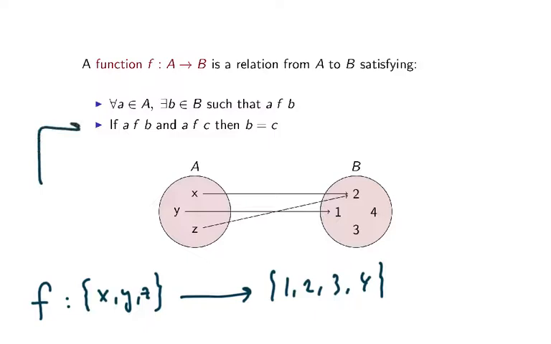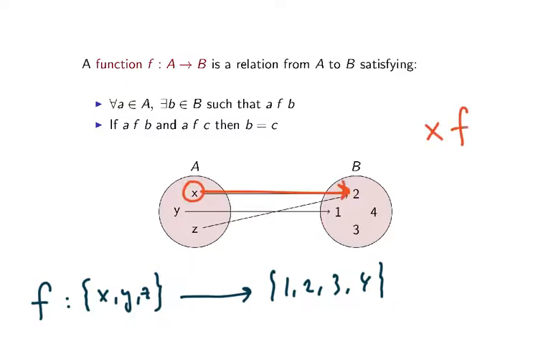The second property establishes that if the same element relates to two elements, these two elements should be the same. In other words, it's not allowed that an element relates to two different ones. So let's see in this case, X relates only to one element.